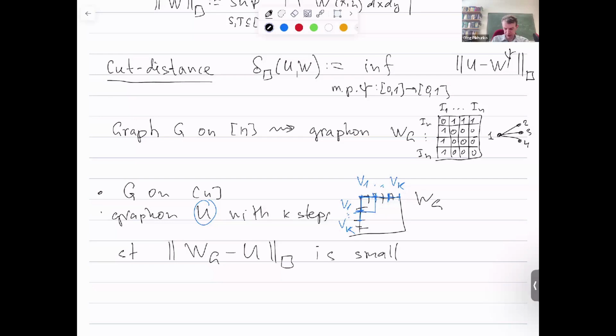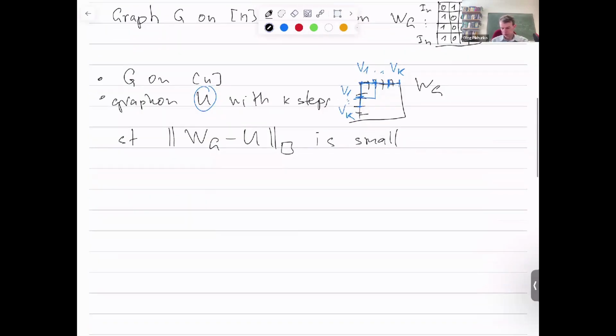Suppose I have G and graphon U. Let's see what this tells us about the graph G. Assume that these steps correspond to vertices, so I can also view V1 to Vk as sets of vertices. So the vertex set of G is just the partition V1 to Vk, using the same symbols for these parts.